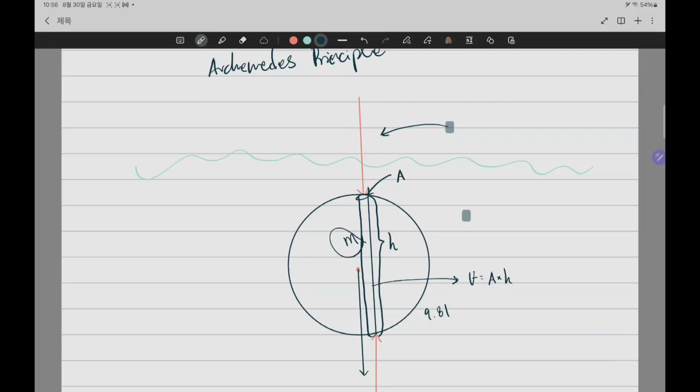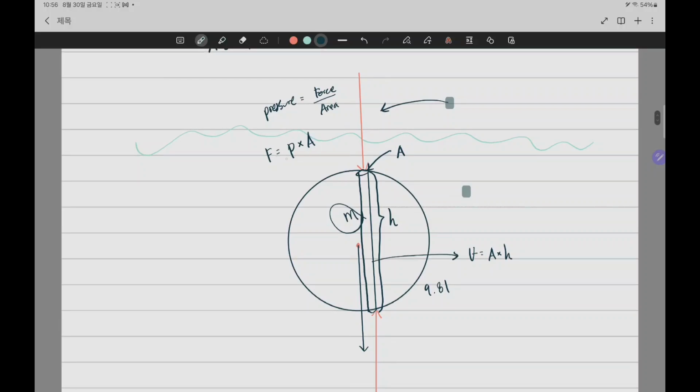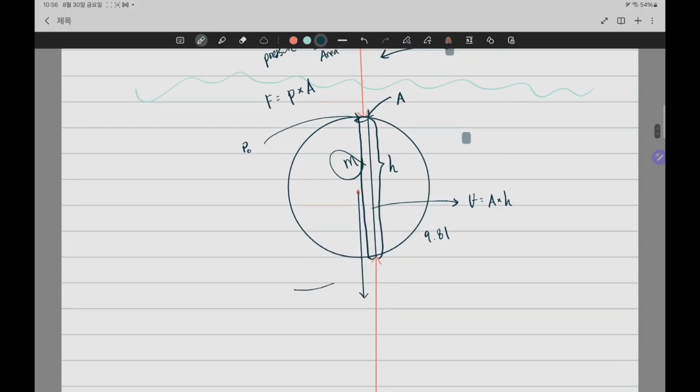So how do these forces from pressure work? Well, we all know that pressure is force over area, and that means that force is P times A. So all the water and air pushing down can be calculated by F equals P times A. Let's say the pressure here is P0, and then the pressure here, what would that be?